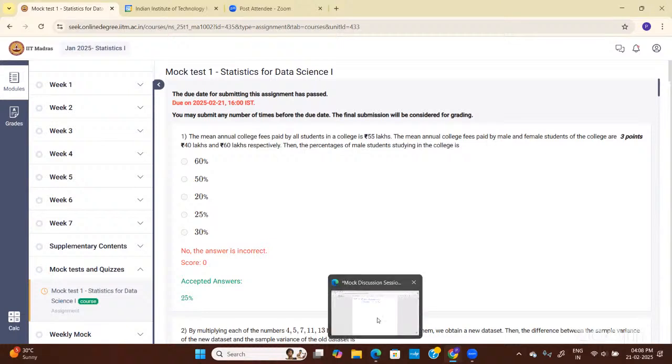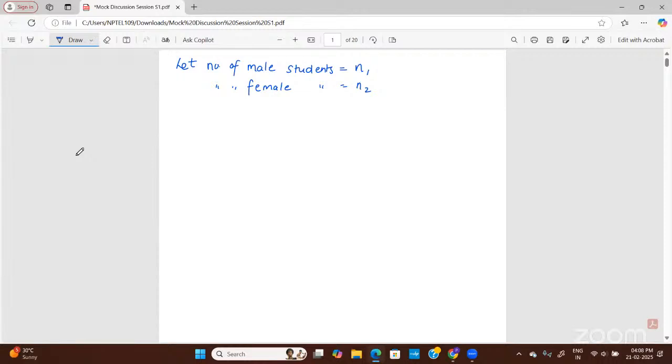If we see the formula of fees, the total fees paid by male students plus the total fees paid by the female students, divided by the total number of students including male and female, that is N1 plus N2.